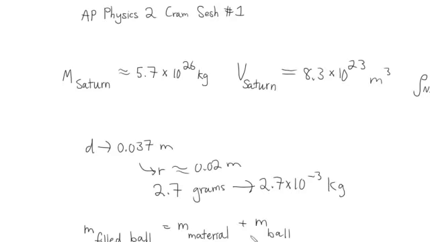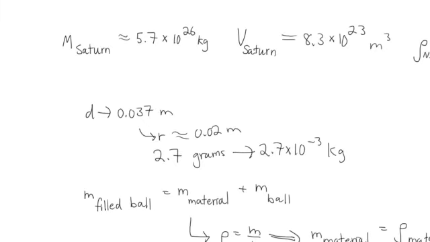And we also know from using our density formula from earlier, since we said density is mass over volume, this then implies that the mass of the material inside the ping pong ball is simply the density of the material times the volume of the ball.